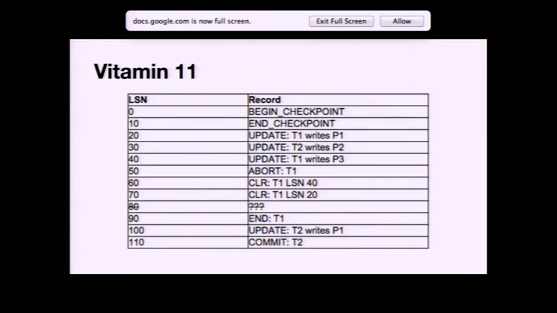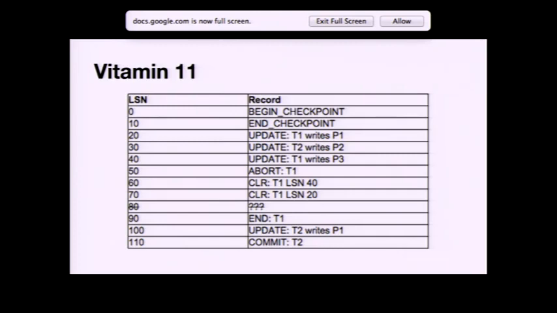This means that everything that's in memory, the transaction table and the dirty page table, are dumped to disk. We're going to assume that they're both empty, just to make things simpler. After that, we have a couple of updates. T1 writes P1, T2 writes P2, T1 writes P3. These are all written to the log.